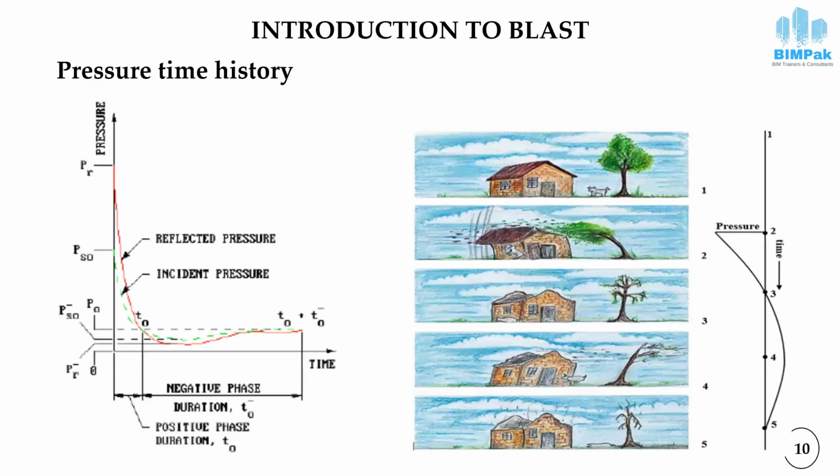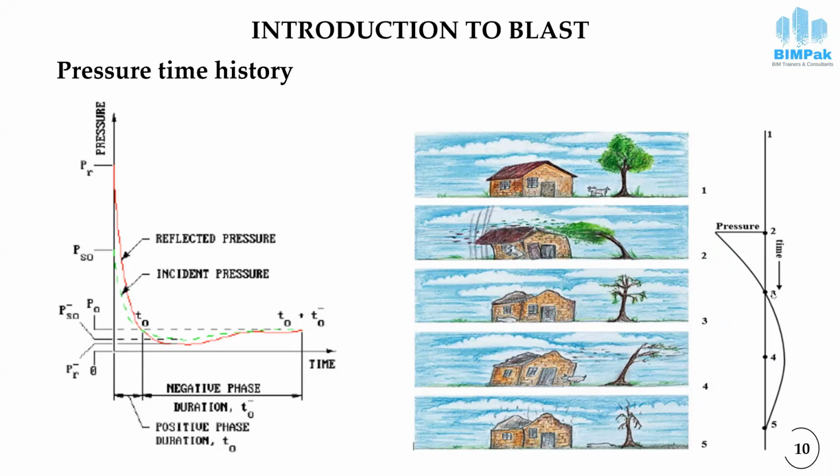So I think from this picture, it is very much clear. Here we can see that this is the ambient pressure, where you can see stable houses and a tree. And after the blast, due to the positive phase of the shock wave, we can see that the trees have been tilted toward the building, and the building has also been damaged.